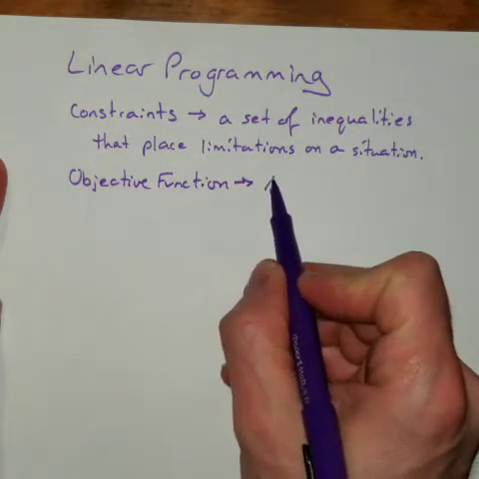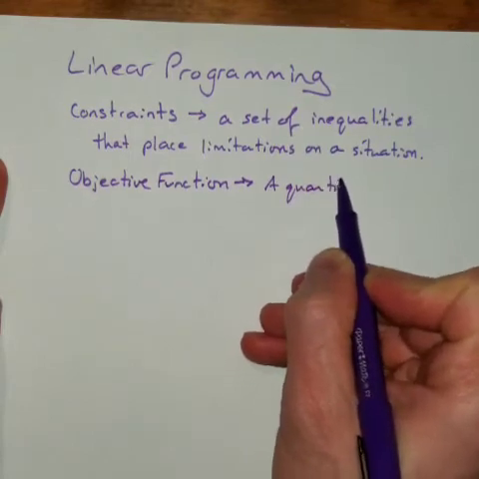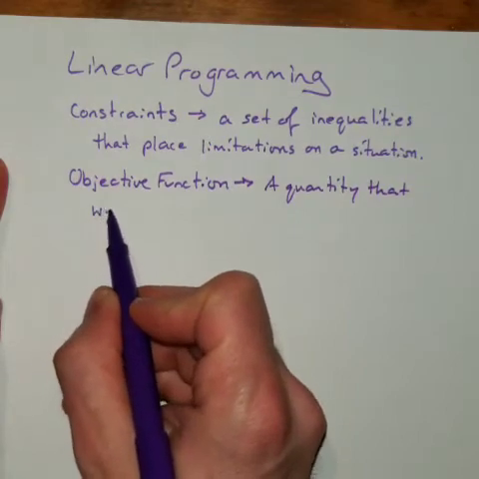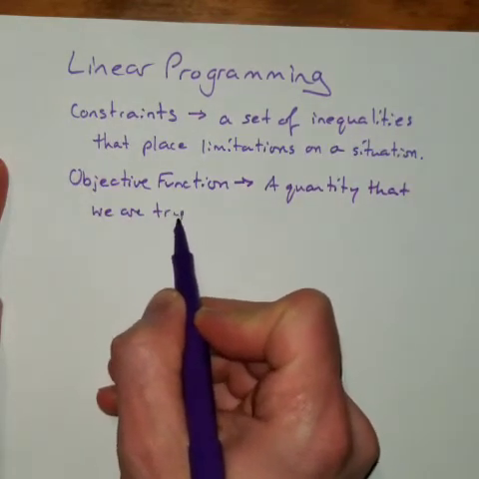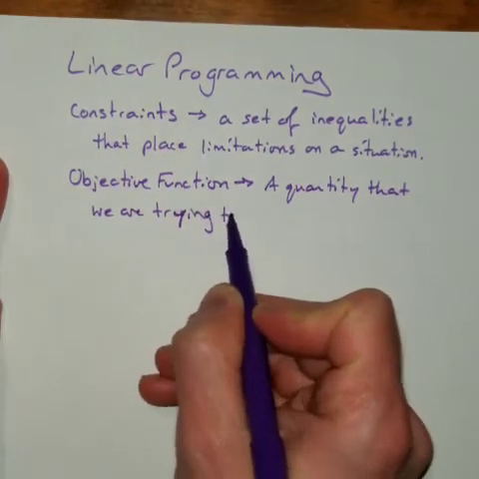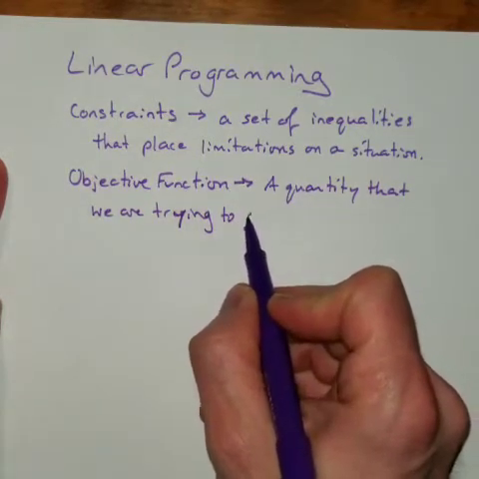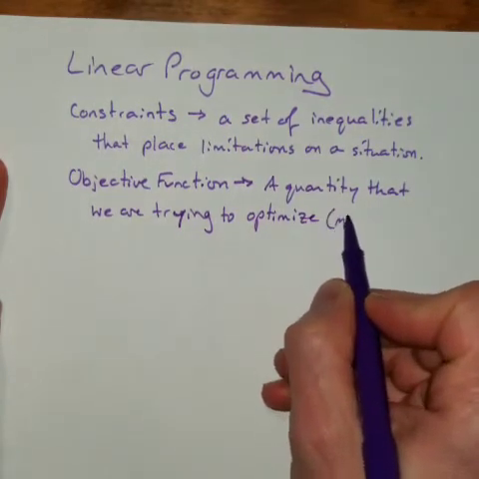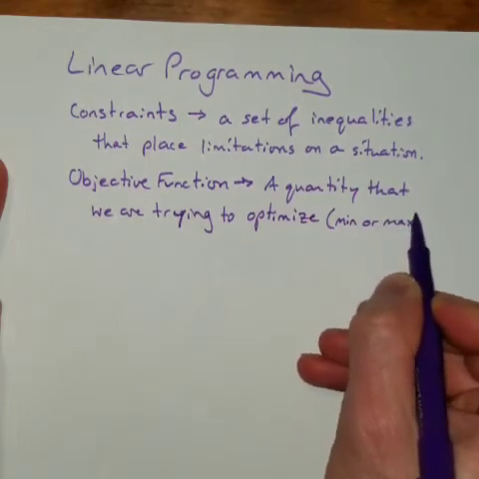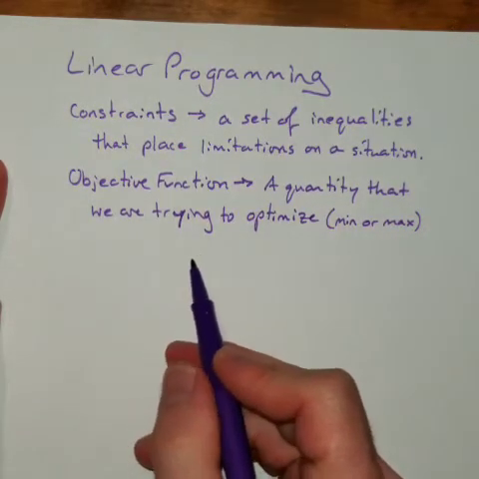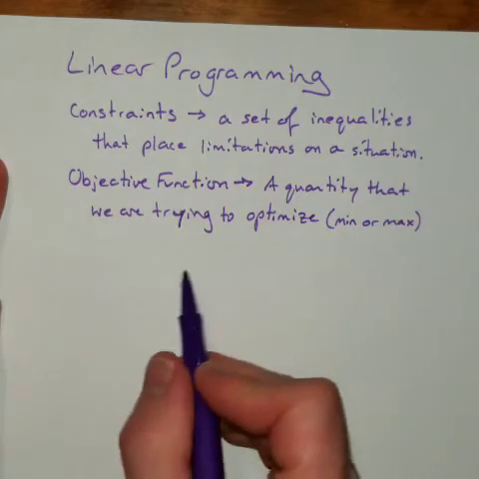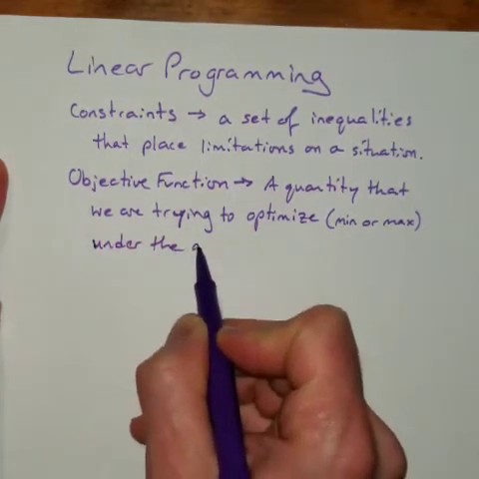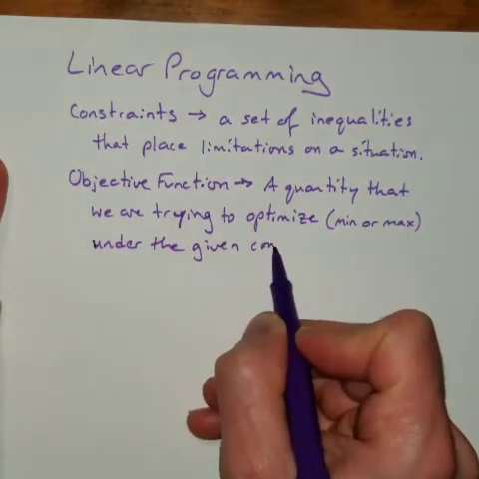So it is a quantity that we are trying to, I'll call it optimize, but really that means minimize or maximize. So it's a quantity that we're trying to optimize under the given constraints.